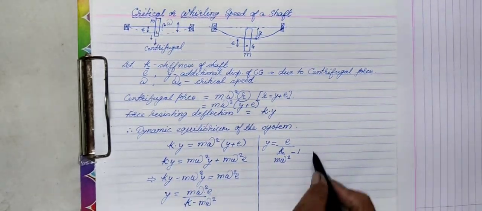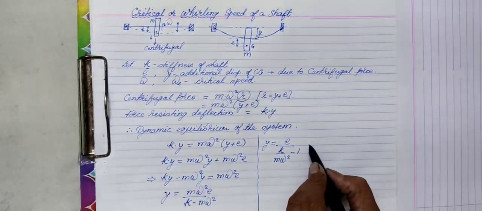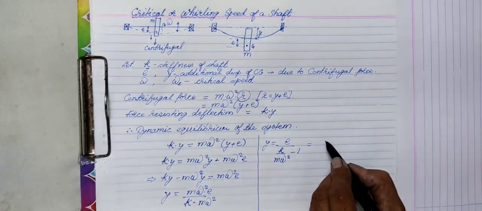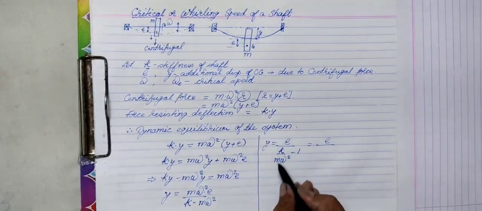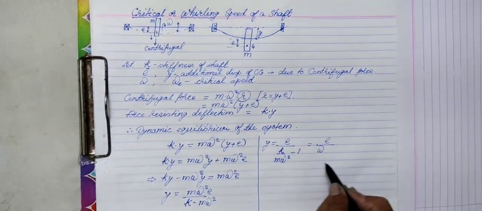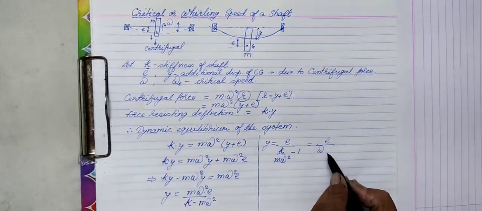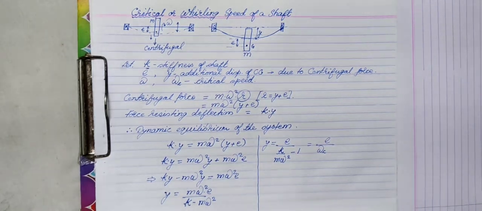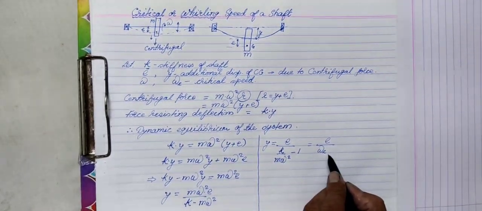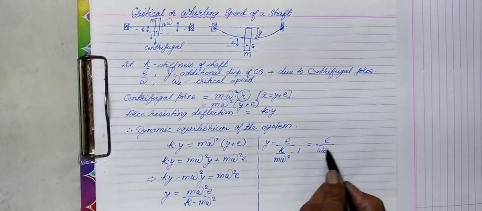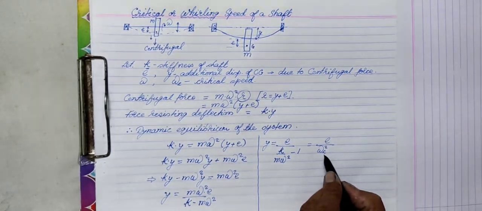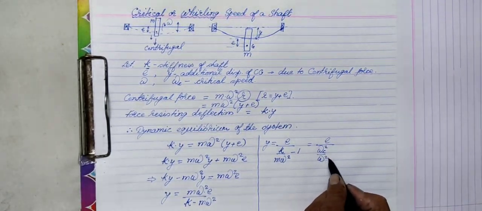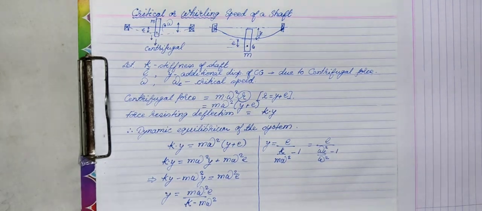That means I can say this is e upon k by m over omega square, where omega n is the natural frequency of the system, and this is the critical speed, so it is omega c square upon omega square minus 1.